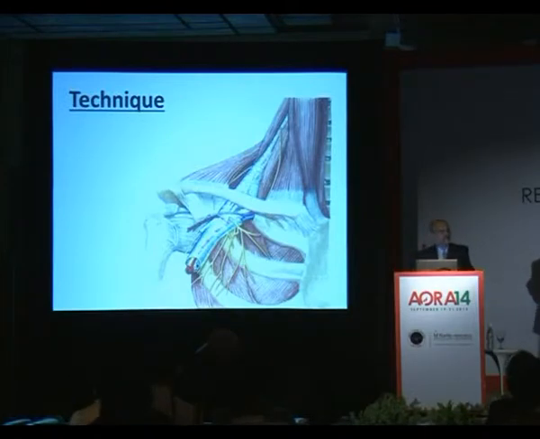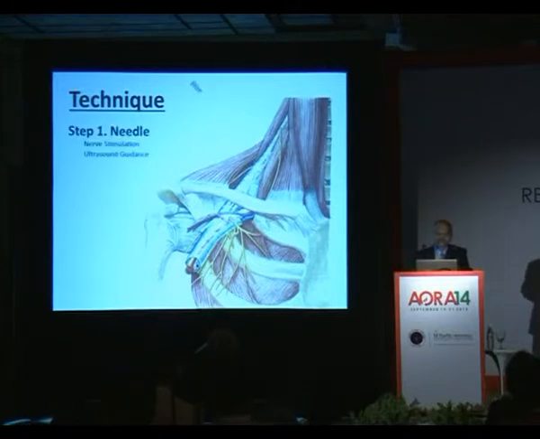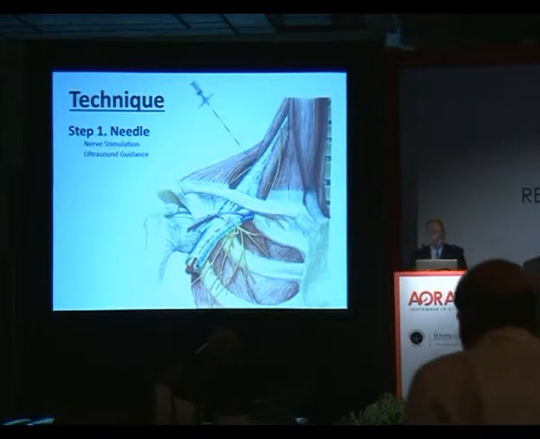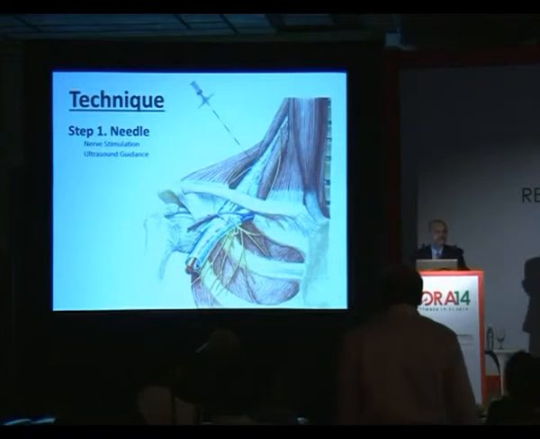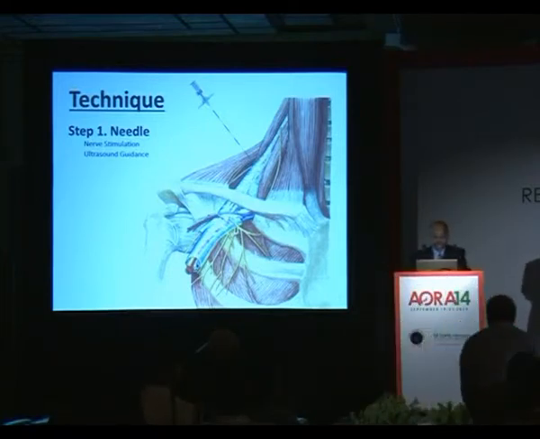The technique for putting in a stimulating catheter is fairly straightforward. You first have to insert a needle next to the target nerve, and you can use either nerve stimulation or ultrasound guidance to put the needle tip close to the nerve that you want to target. In my practice, I use a combination of nerve stimulation and ultrasound guidance.